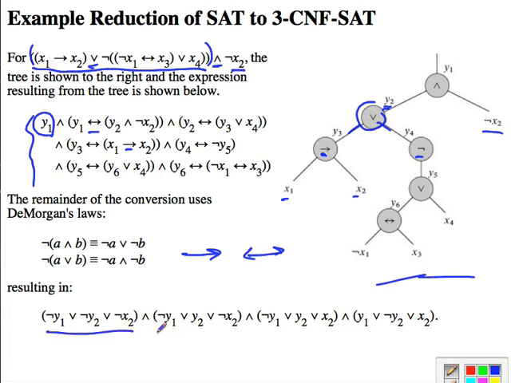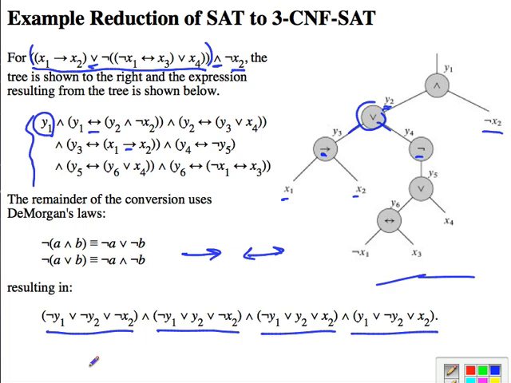Eventually we turn it into an expression that looks like this, a conjunct of disjuncts that has the same logical conditions. You can read the details of that transformation in the text, but it shows that the result will be satisfied if and only if the original formula is satisfied.